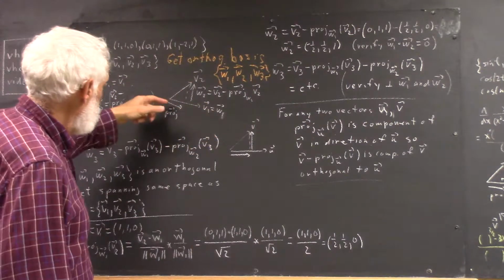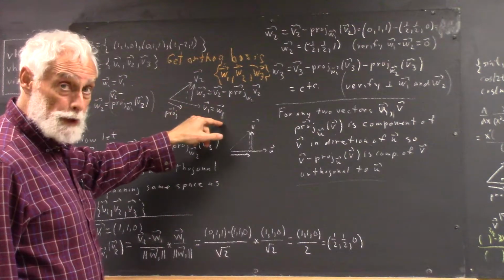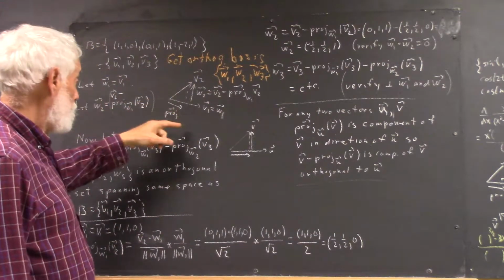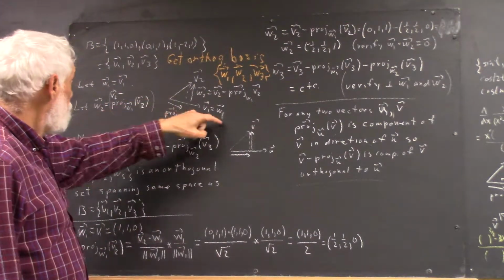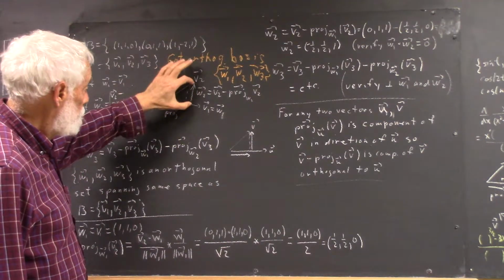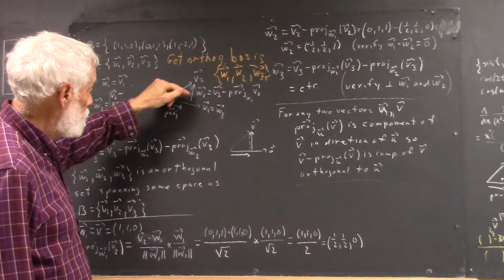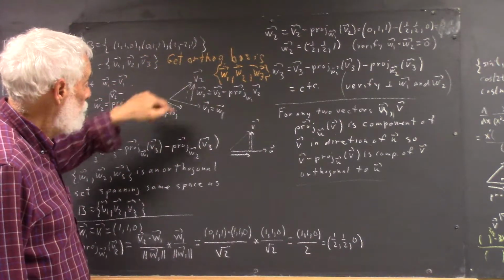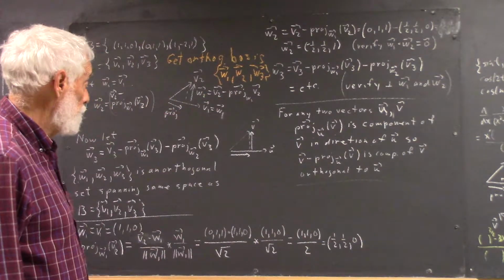Picture that. Here's V1, which is now also called W1. Here's V2. Here's our projection of V2 onto W1. And we subtract that from V2, and we get this because, of course, the projection plus this equals V2. Therefore, this equals V2 minus the projection, which is what we've written here.